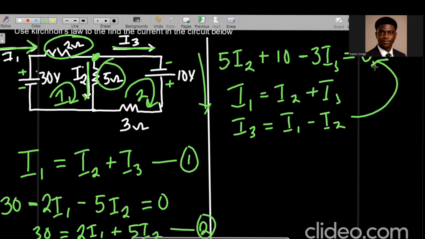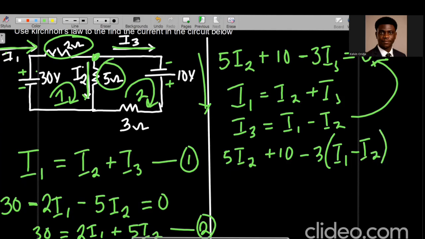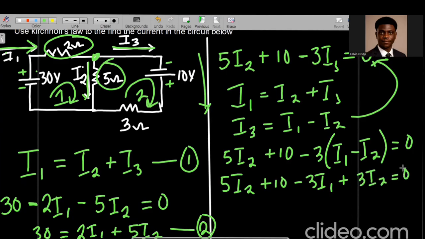So we can put this value into this equation. If we put that, we're going to have 5I2 plus 10 minus 3 into (I1 minus I2) is equal to 0. And when we expand that bracket, we're going to have 5I2 plus 10 minus 3I1 plus 3I2 is equal to 0.